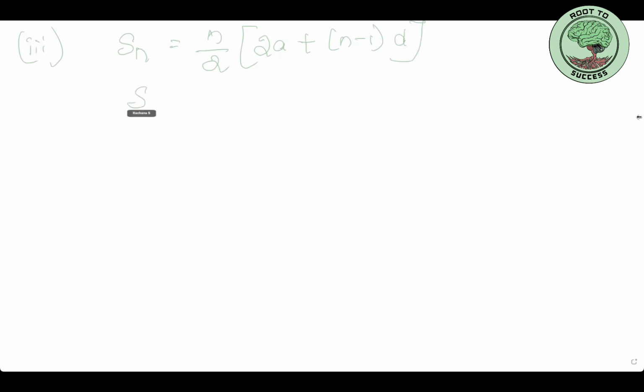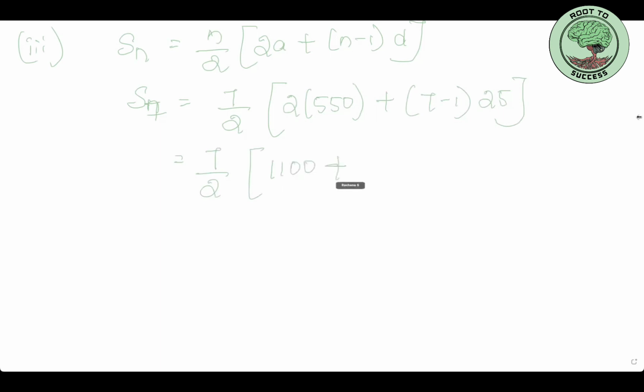Since it is 7 years, S7 will be 7 by 2, 2 into 550 plus 7 minus 1, and d will be 25. 7 by 2 into 1100 plus 150, that is 7 minus 1 will be 6, and 6 into 25 is 150.